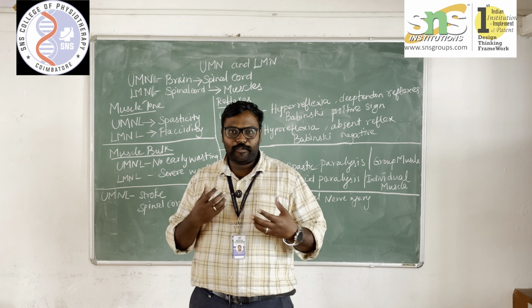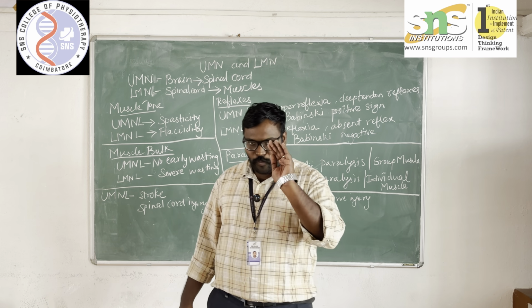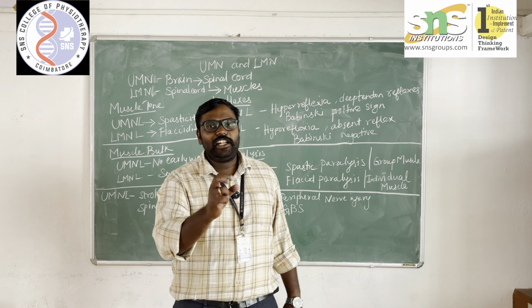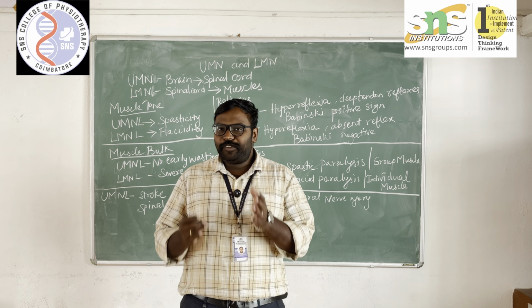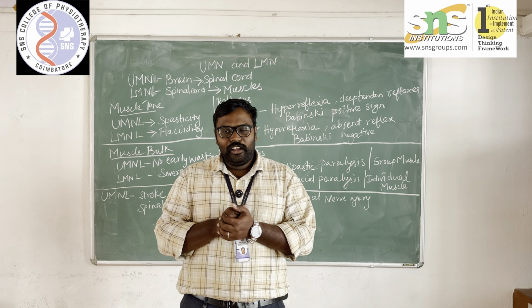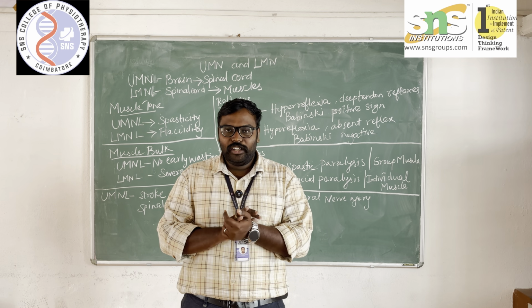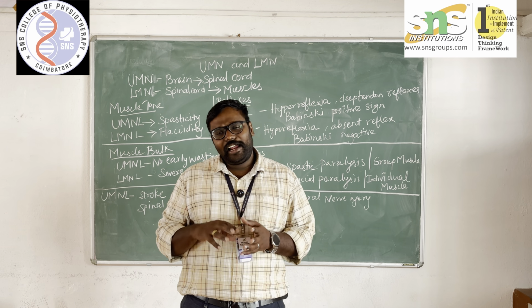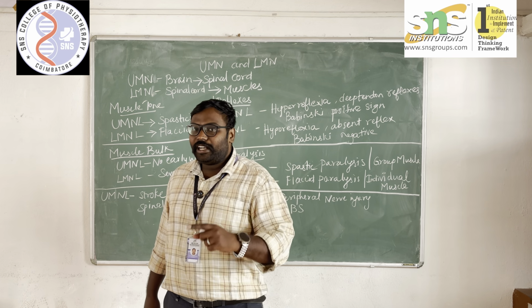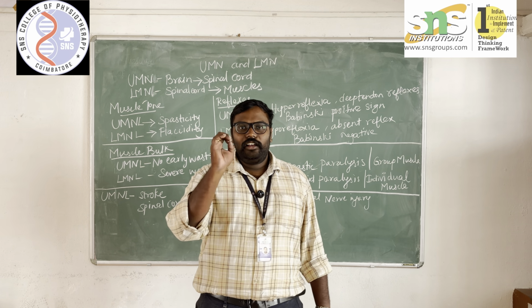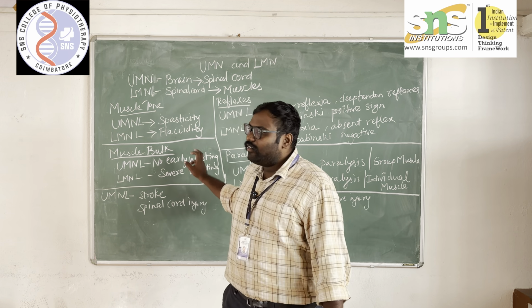In UMN, there is no early wasting. Absolutely, it will go for wasting, but in the initial stages the wasting will be very little. If it goes to the chronic stage and the prognosis is not good, the wasting will develop and become severe. But in the initial stages, UMN lesion has no early wasting.